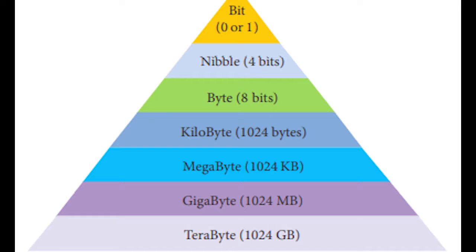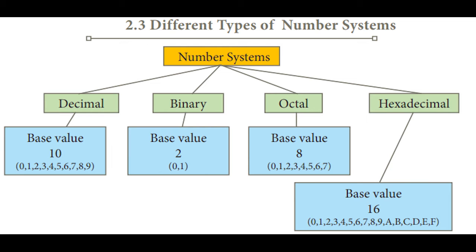We have seen about the number system. We have seen about bit, byte, nibble, kilobyte, megabyte, gigabyte, terabyte and all. Then we saw that the number system is divided into decimal, binary, octal and hexadecimal number systems. Decimal number system means the base value is 10, so here we'll have 0 to 9, right?